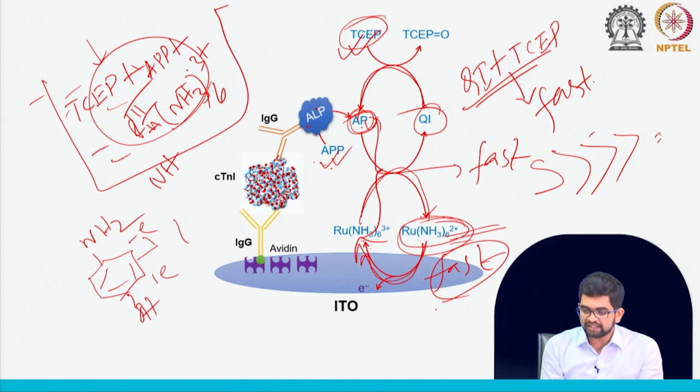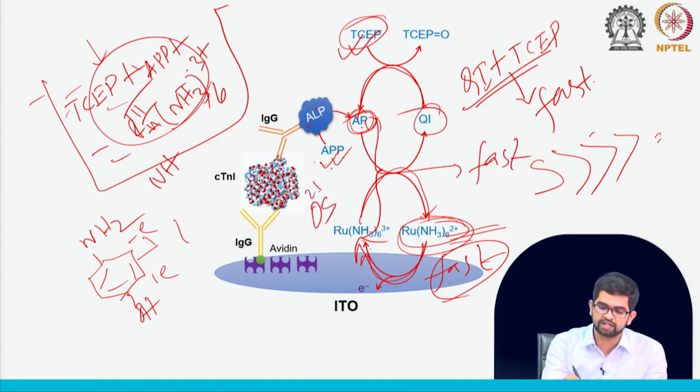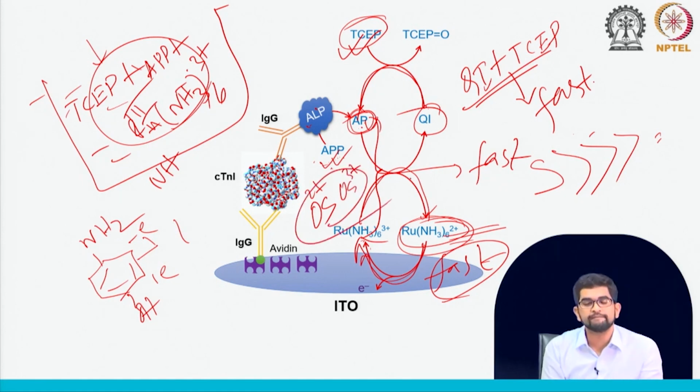So, you just have to keep in mind which electron mediator you will use. Here I use ruthenium hexamine 3+, but maybe you can try something else also. If you see the periodic table, in the same group there is osmium also. So, the osmium 2+, osmium 3+ redox couple we can also try. Let us see if they show high or lower amplification by comparing, then you can find which one is the best.